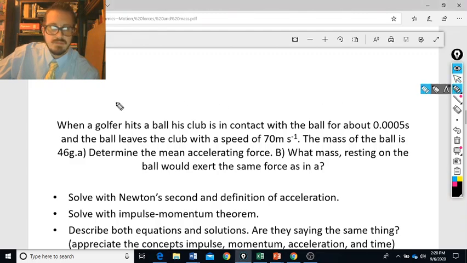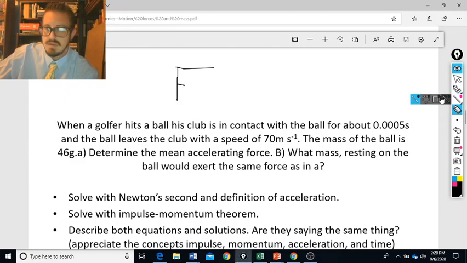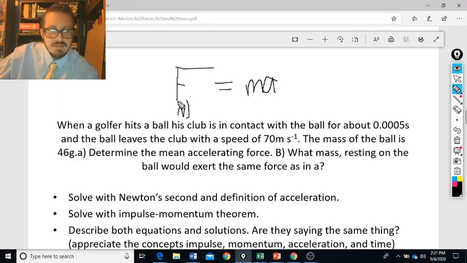So let me grab a writing tool here, and we'll just do our working. Remember that Newton's second law tells us that force equals mass times acceleration. We're given the mass, but if we're going to report a force in the SI units, which are newtons of force, then that is defined as a kilogram meter per second squared.